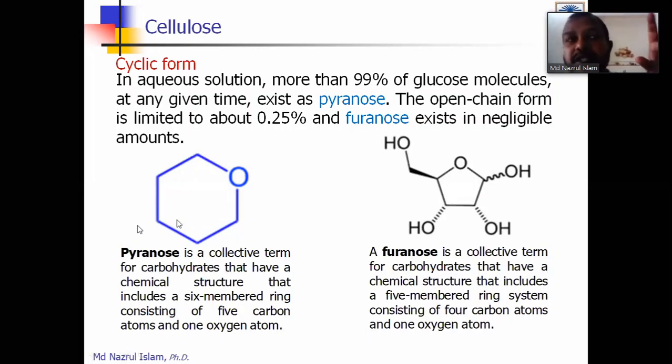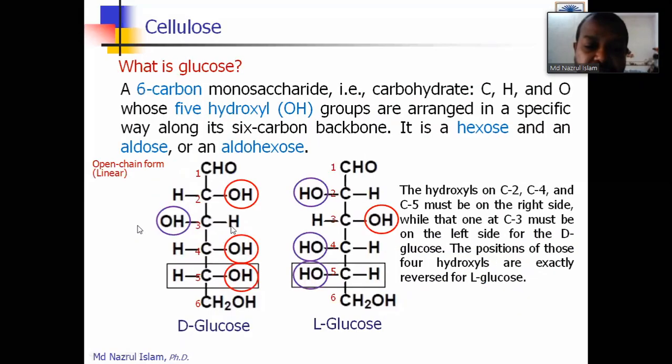So now we are saying if glucose makes the cyclic structure, then we will say that is the pyranose. So in a pyranose there will be 5 carbon and 1 oxygen. Earlier you have seen the linear structure, and when you make the linear structure, there are 2 different types of glucose.